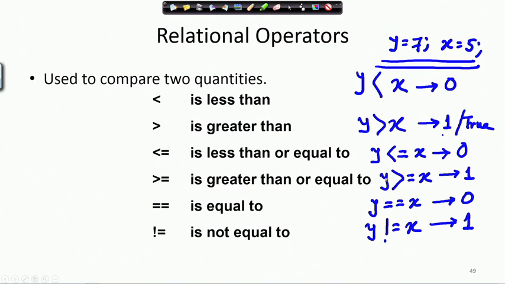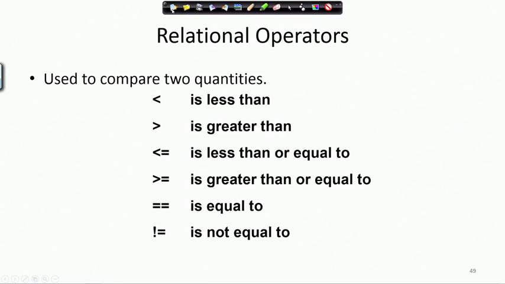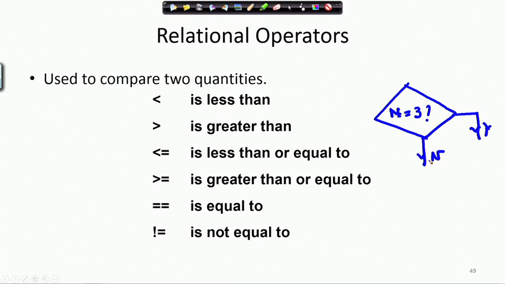We will see that these relational operators, if you recall, in our flowchart discussions, we often had some decision boxes shown as diamonds, and in that decision box we used to say x greater than 10, or say n equal to 3, yes or no. We had taken one path for yes, one path for no, and that can be captured very easily using such relational operators, as we will see.